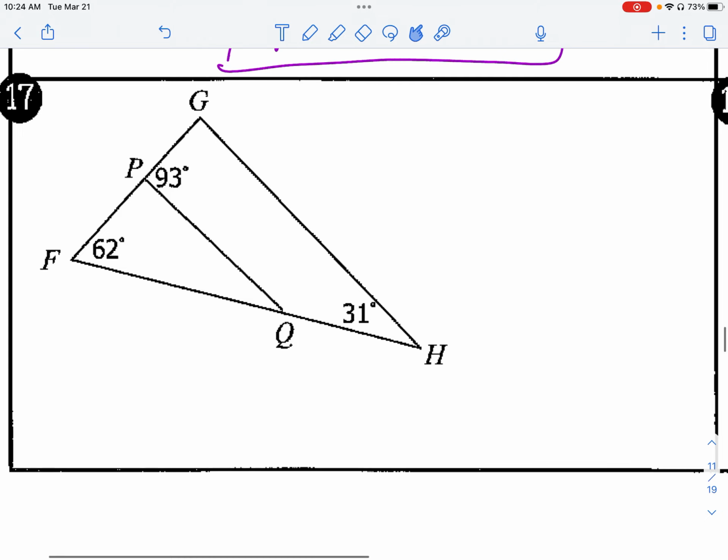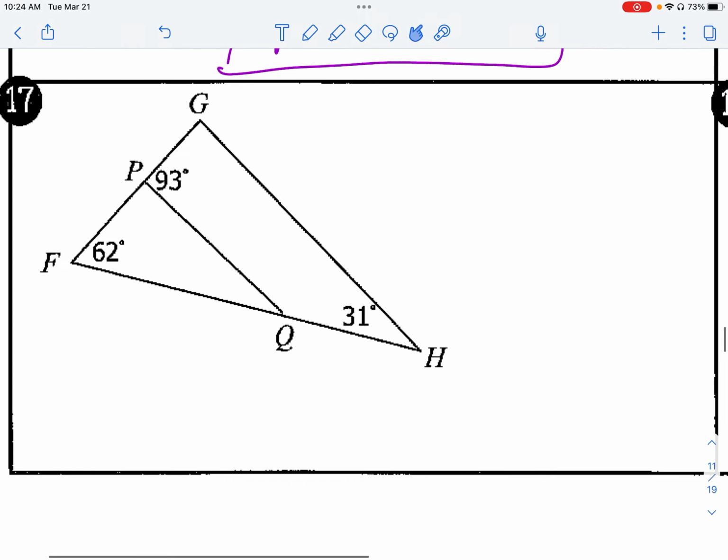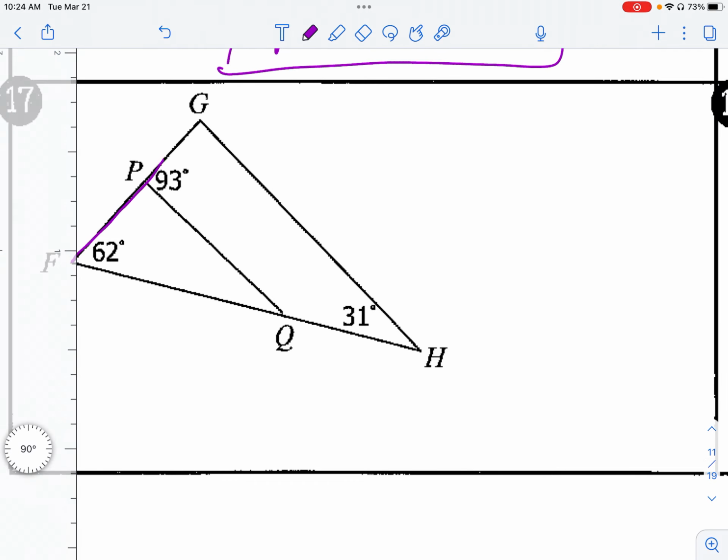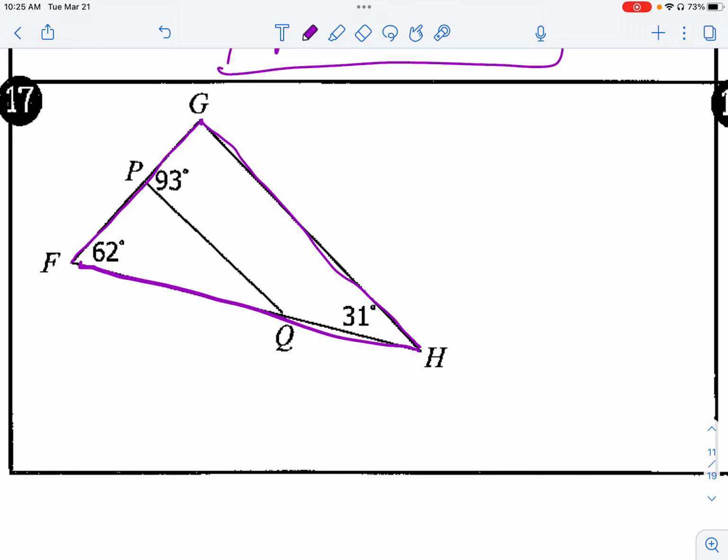So we know that right here, we have a triangle. So 180 minus 62 minus 31 equals 87. So this is going to be 87.